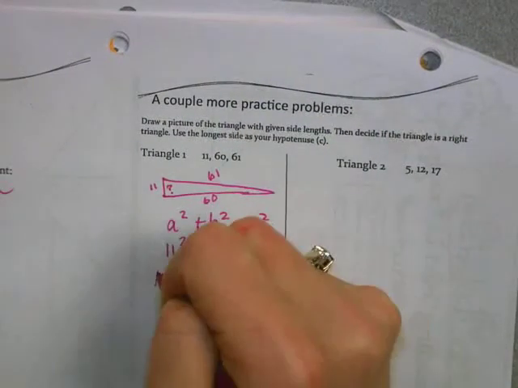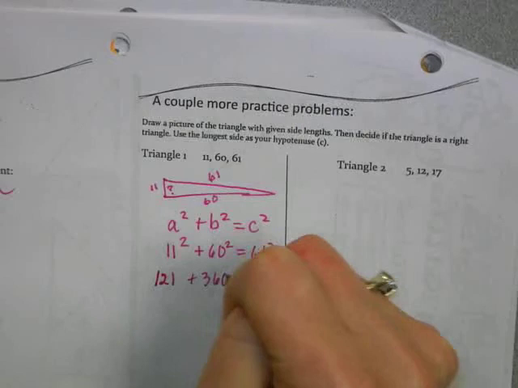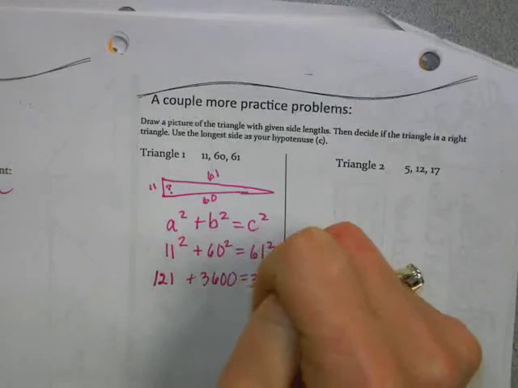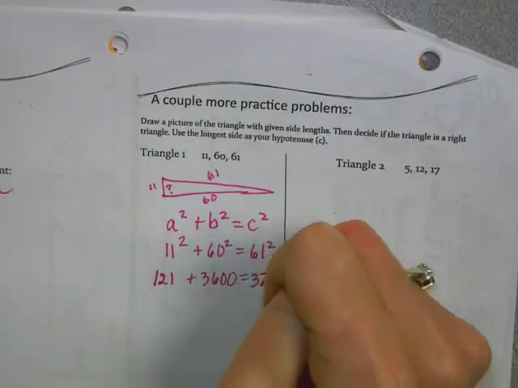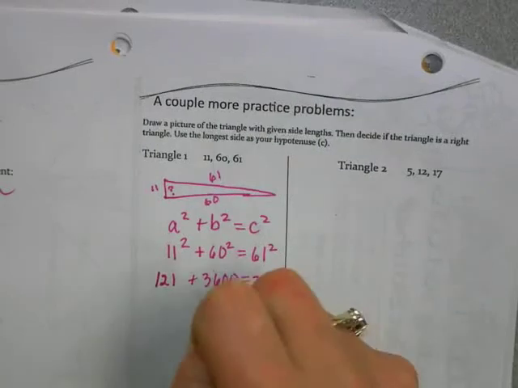It is 3,721. Okay, so you add 3,600 plus 121, and what is that? Hey, it's 3,721, 3,721. So yes, this is a right triangle. Now we need to say it because they're basically asking, is it? So yes, this is a right triangle.